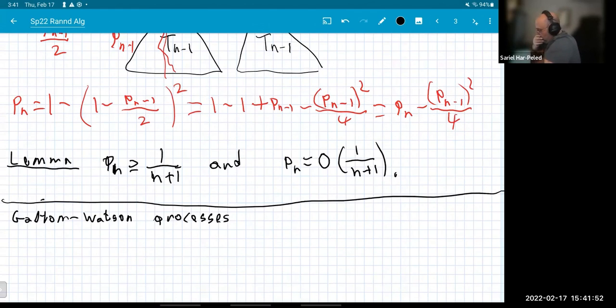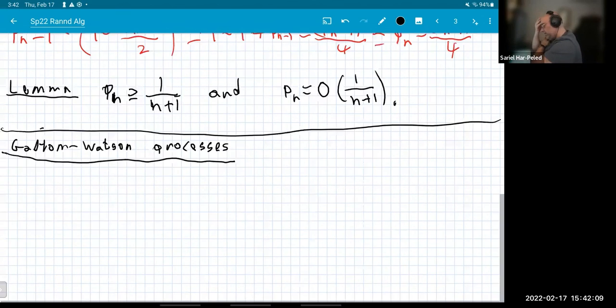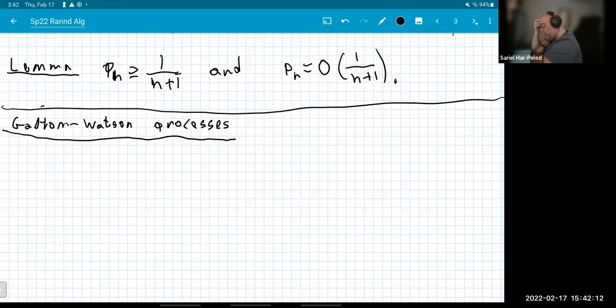My bad. Okay, so the Galton-Watson process. This is one of the stories about the British Empire. Galton, in the mid-19th century, I think it was Galton that asked it, let me verify.